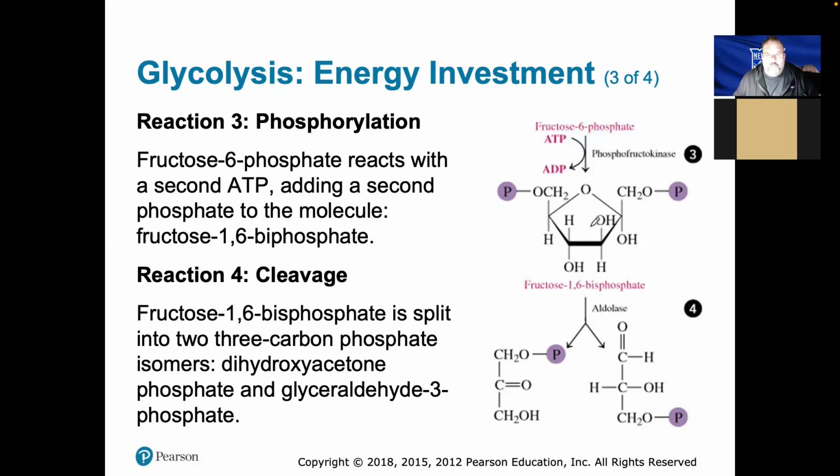It's interesting that the ring structure splits into two 3-carbon phosphate isomers, dihydroxyacetone phosphate and glyceraldehyde 3-phosphate. It'd be nice if they showed the P's in different colors. All right, something I'll have to think about a little bit more.